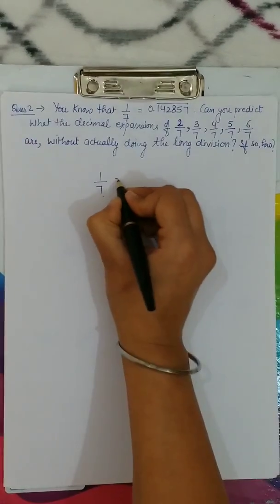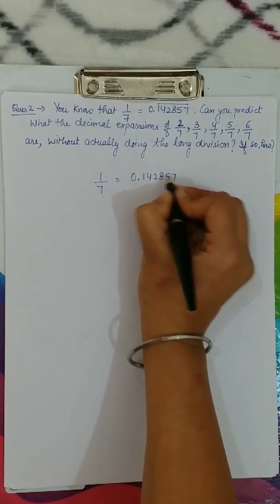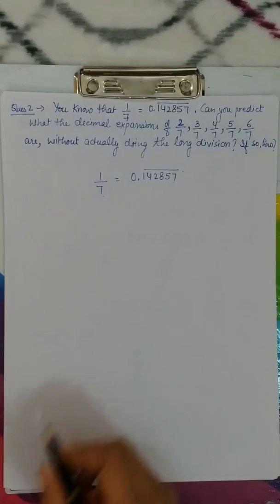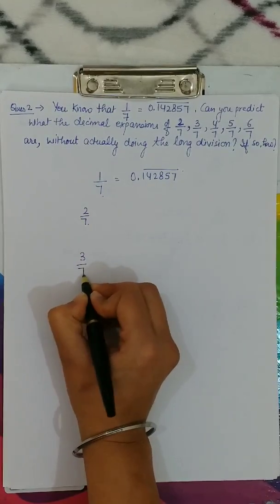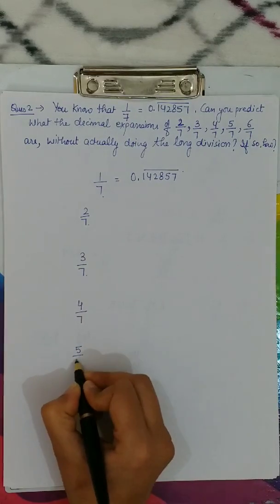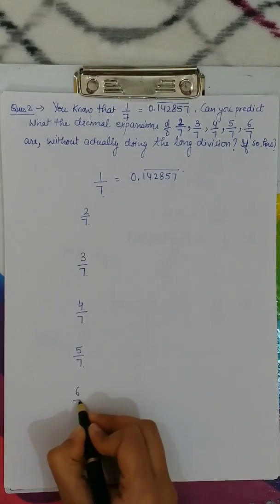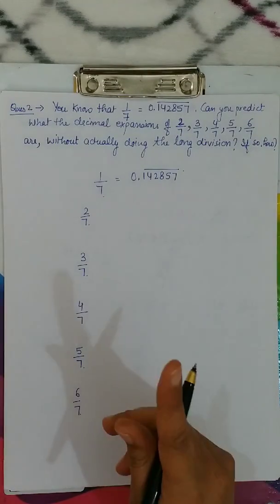We have 1 by 7 is equal to 0.142857 bar. Clear? We have to find out the value of 2 by 7, 3 by 7, 4 by 7, 5 by 7 and 6 by 7 without actually doing the long division.